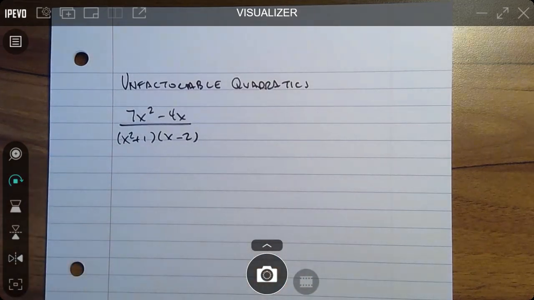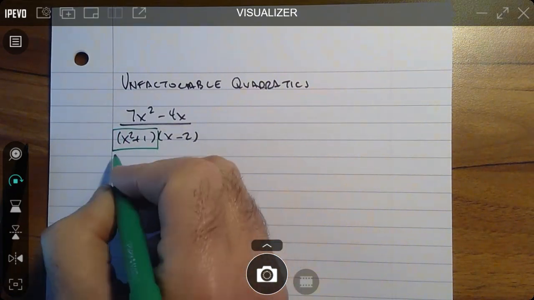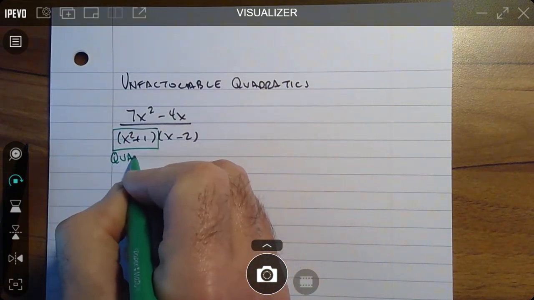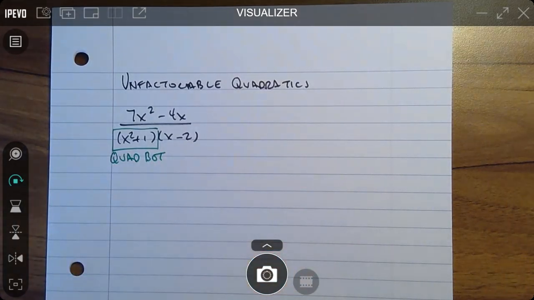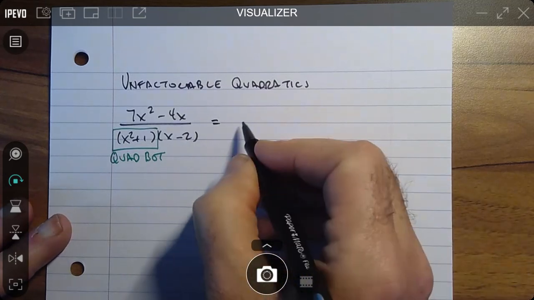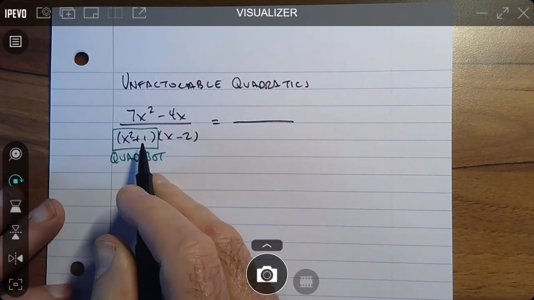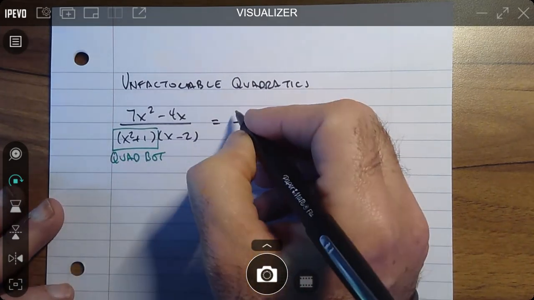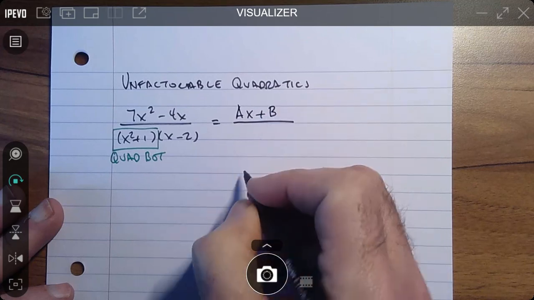So here I've got this quadratic bottom right here. And quadratic bottom, that's an issue, it didn't factor nicely. And so what that one's going to need, the phrase I use for myself to remember this is quadratic bottom gets a linear hat. So its hat is going to be ax plus b.